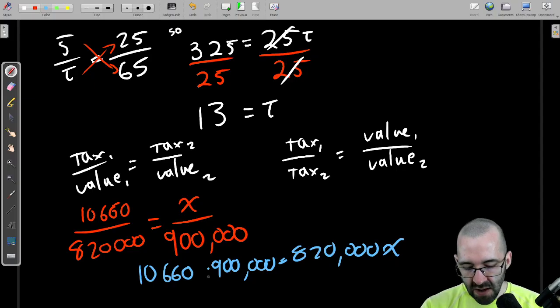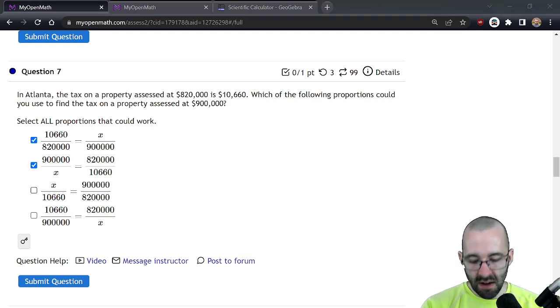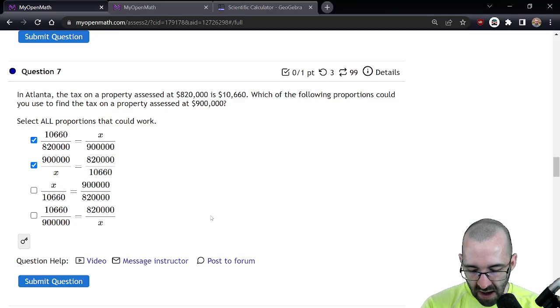So any one that has 900K times 10,660, oh, this one also, when you cross multiply, has the same equation. 900K times 10,660. Oh, this has the same one. 900K times, oh, this one's wrong.